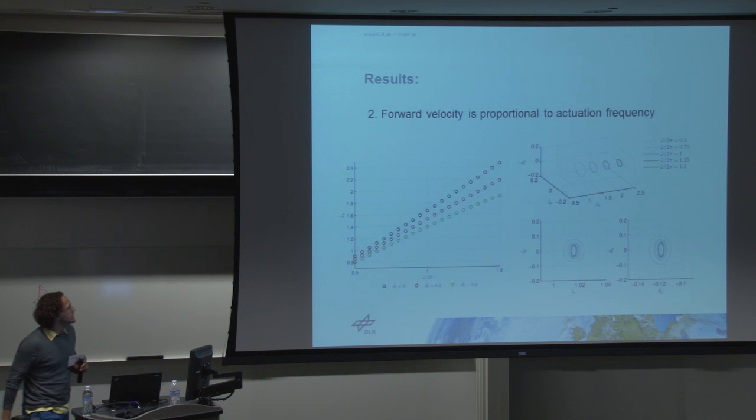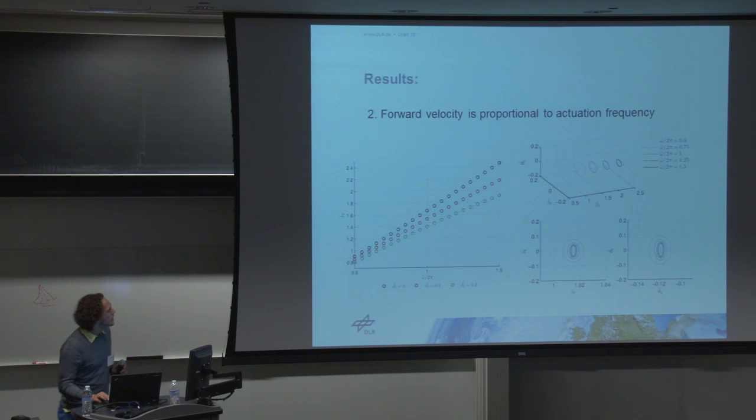So what we also see is the model shows some very nice proportional behavior between the forward velocity and the actuation frequency. This gives us some nice means to accelerate and decelerate it. And we also see if we increase the frequency, all the oscillation amplitudes decay.